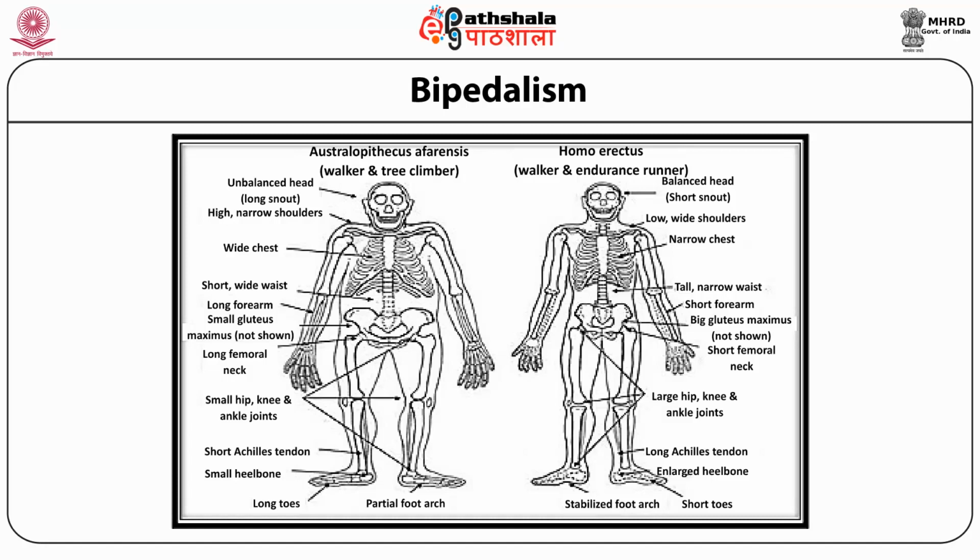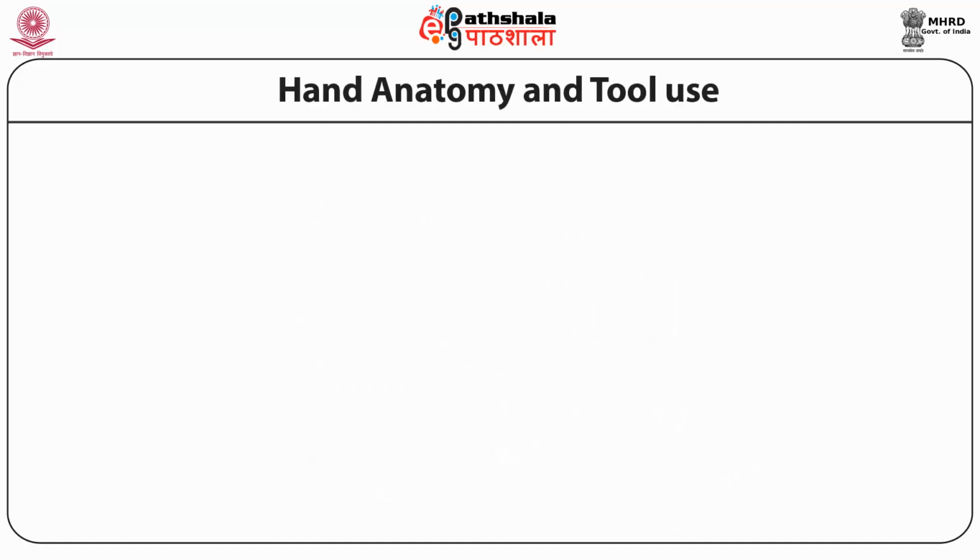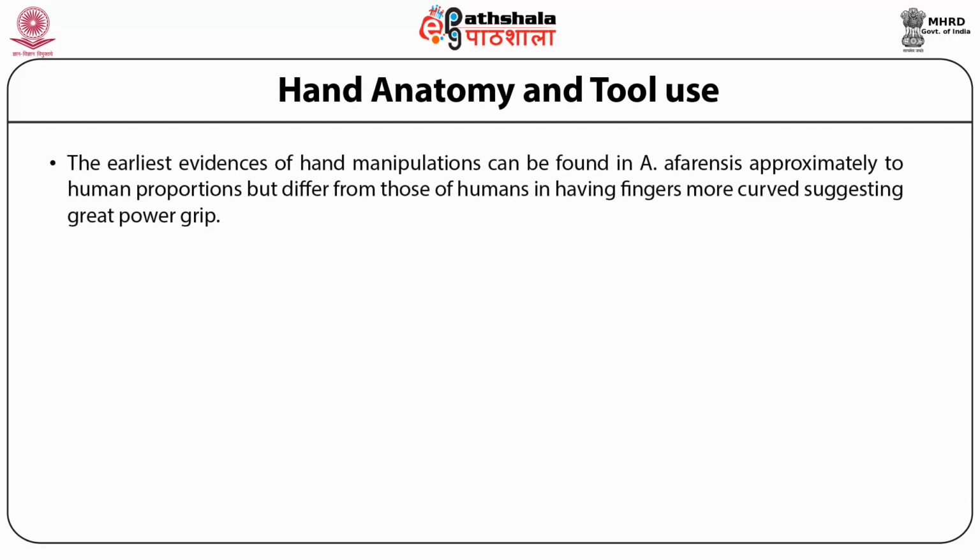There may be several reasons behind this. Hand anatomy and tool use. The earliest evidence of hand manipulation can be found in Australopithecus afarensis. The hand proportions of members of this group approximate human proportions, but differ from those of humans in having fingers more curved, suggesting a greater power grip.